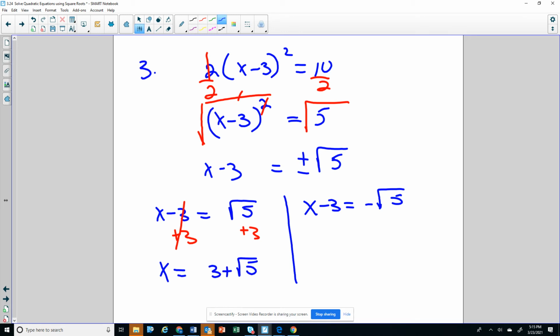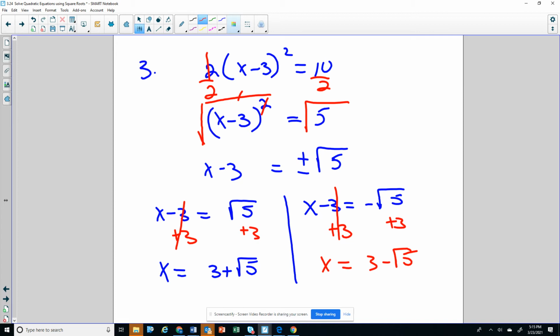On this side, same thing: add a plus 3 here and a plus 3 there, and I'm left with x is equal to 3 minus the square root of 5. I like to keep everything the same, so that should be blue color. And you can graph this in Desmos, and you should get the same answer.